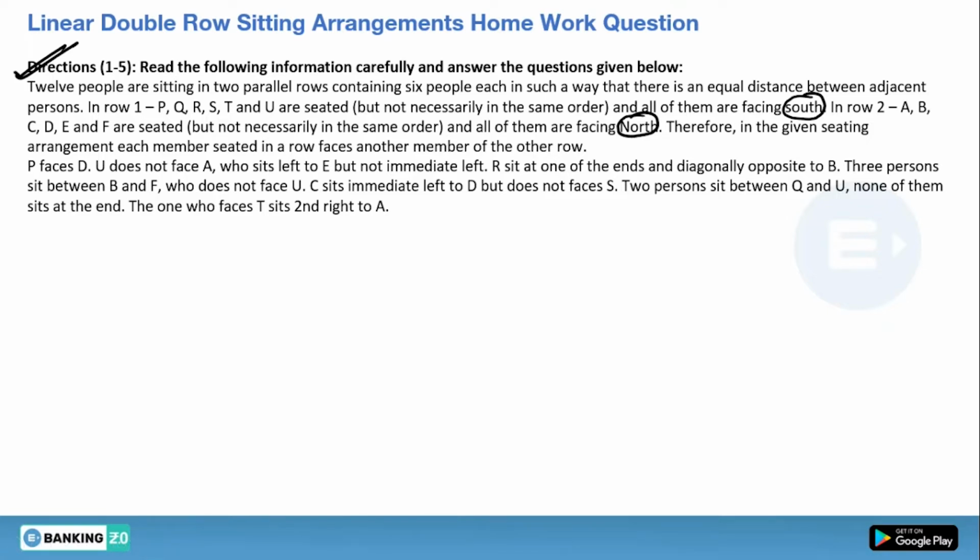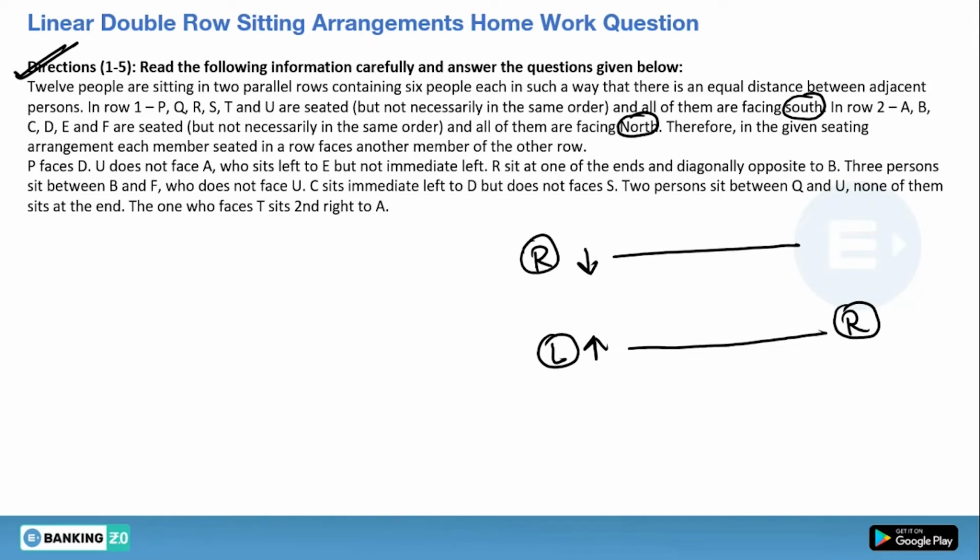First, we have to make the diagram and start solving the question. This row we always assume to be in the north direction and this one in the south direction. If it is facing north, this side is left and this side is right. If it is facing south, then this side will be right and this side will be left.